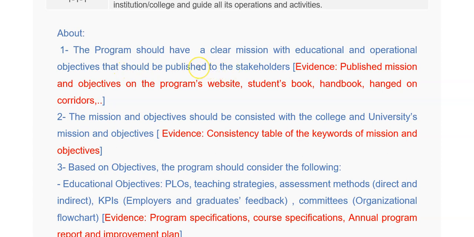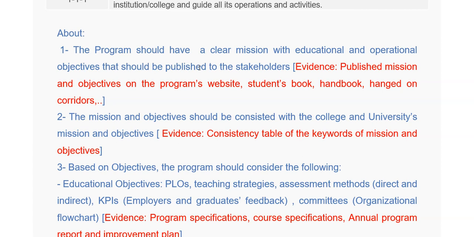So it is important that you have a clear mission that reflects your activity and describes your program, and most missions are academic missions or academic program missions.